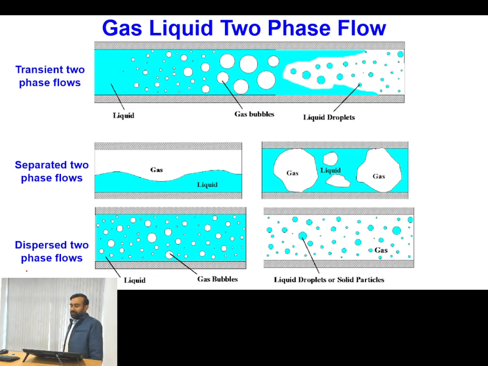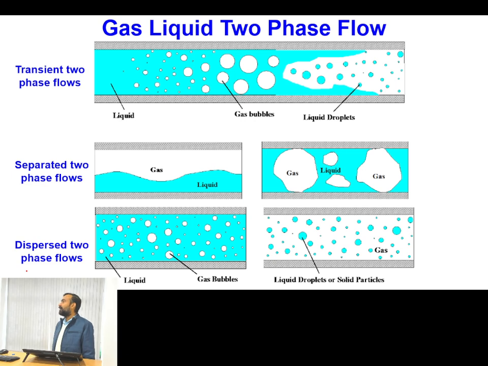The reason for showing this representation again is that in your syllabus you have seen that we have some analytical methods and even some computational methods. So we have different approaches like homogeneous flow modeling, separated flow modeling, drift flux modeling, etc. Depending upon the nature of the flow or the distribution of the two phases, we have to select the appropriate model for solving that type of flow situation.